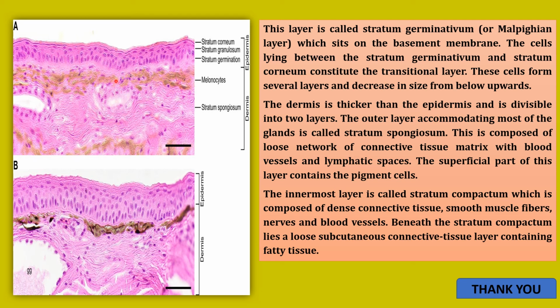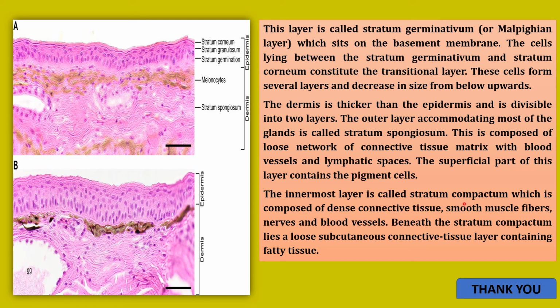Now next, dermis. Dermis consists of two layers. One is stratum spongiosum and another one is stratum compactum. Stratum spongiosum consists of a loose network of connective tissue matrix, blood vessels and lymphatic spaces which contain lymph, that means a colorless fluid.